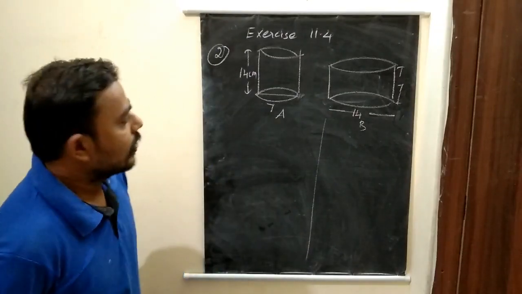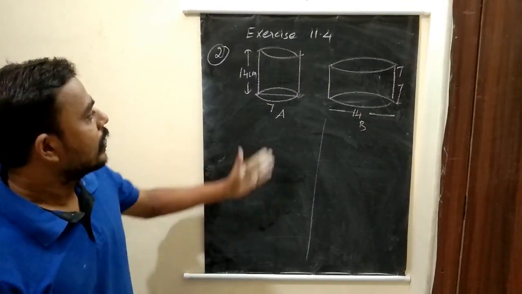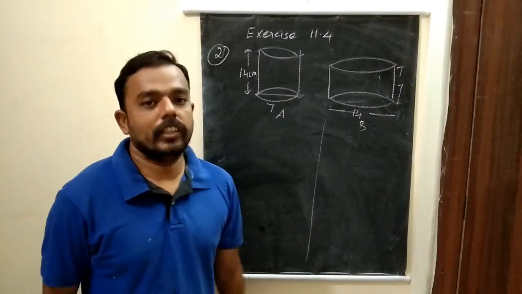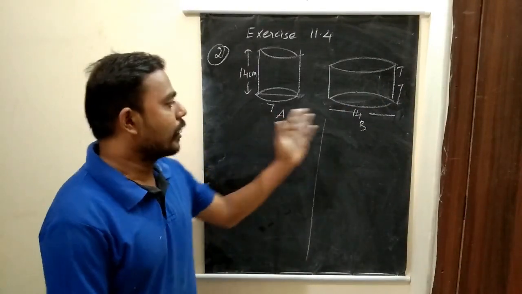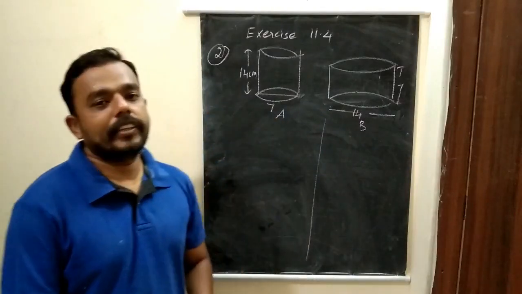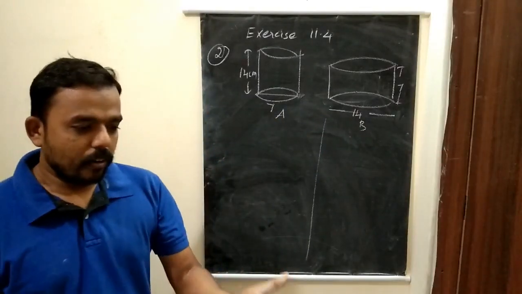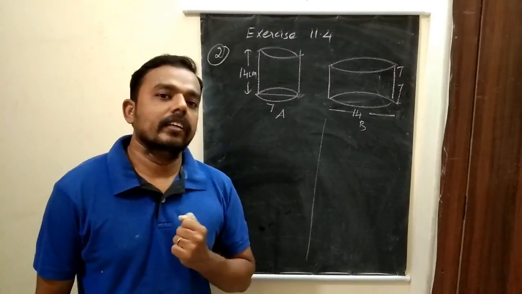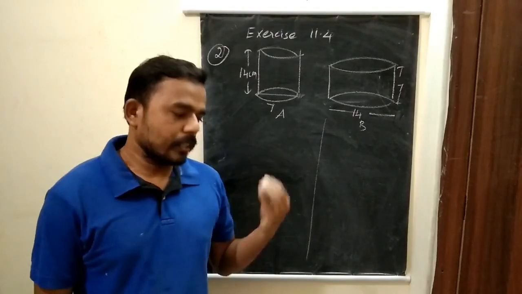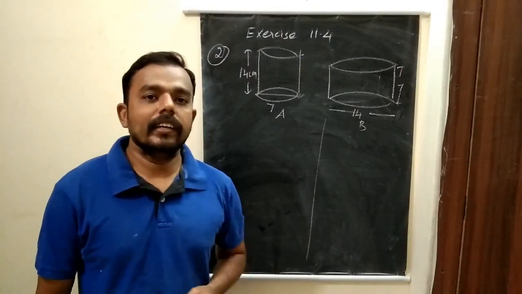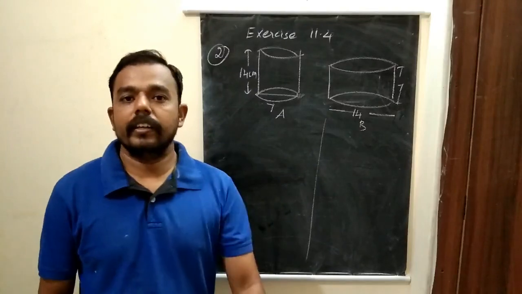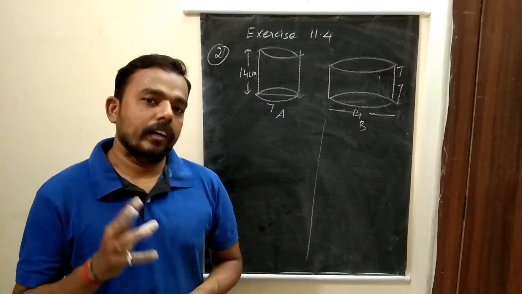Our thinking is always, here 14, 7, here also 14, 7, so there is no change, so the volumes of A and B are equal. Like that we can think. But after checking the volume mathematically, we can realize which one can hold greater volume.